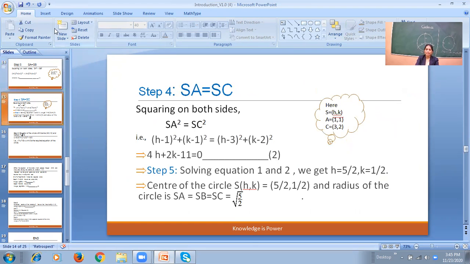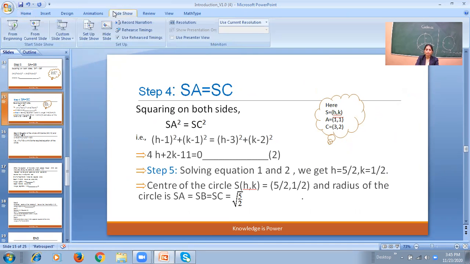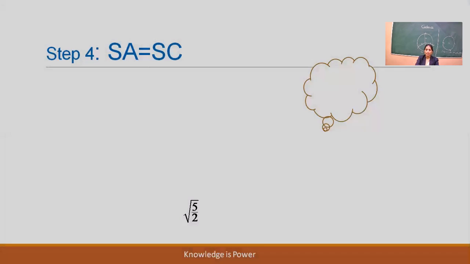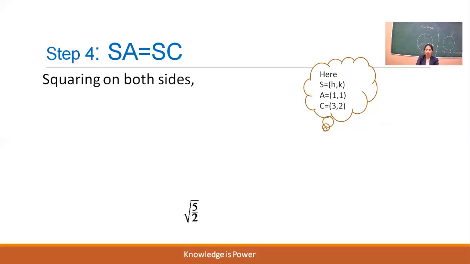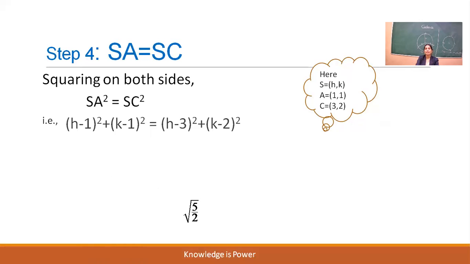Now step 4 is SA is equal to SC. Again, in order to remove the square root, we'll square on both sides and simplify. Squaring on both sides, SA square is equal to SC square. We have S as h comma k and A as 1 comma 1.